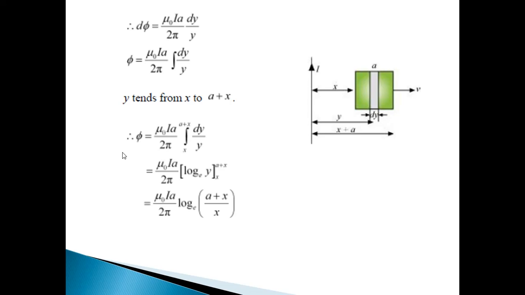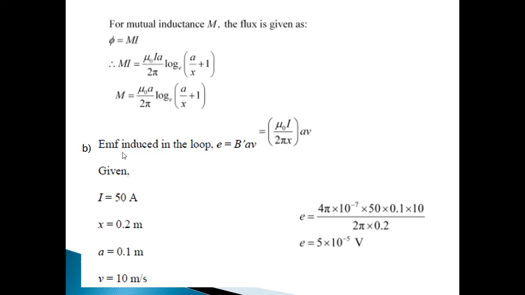So the limits of the square loop are the minimum x and the maximum a plus x. So when you integrate dy by y, you get log y base e with lower limit x and upper limit a plus x. So you get phi equal to mu naught I a by 2 pi log base e of (a plus x) by x, which can be written as a by x plus 1 inside the bracket.